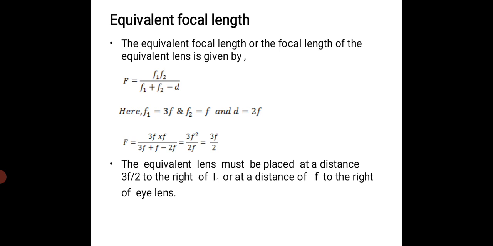Here f1 is 3f and f2 is f and d is equal to 2f. So after substituting the values of f1, f2 and d, we get F equal to 3f by 2. The equivalent lens must be placed at a distance 3f by 2 to the right of I1, or at a distance f to the right of the eye lens.